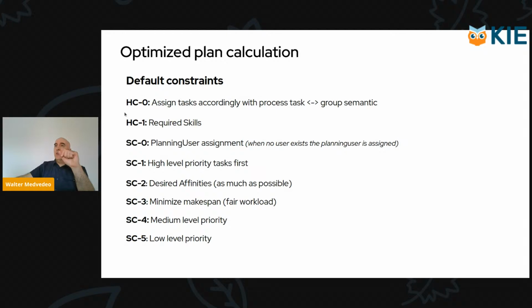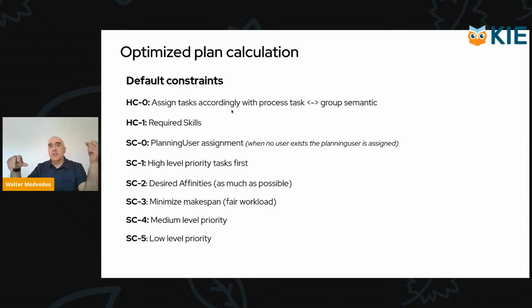These constraints here are what we call hard constraints. A hard constraint is something that is a must. It's something that is mandatory. So by default, we have two hard constraints. One tells OptaPlanner that we need to respect the process semantic.